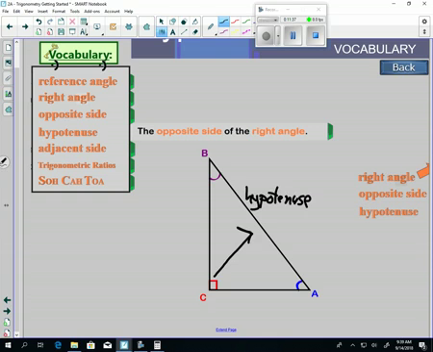It is always the longest side. So if I had measurements there, say this was 3, this was 4, well, this one would have to be 5. It would have to be bigger. I couldn't have this one as 2. That would be wrong, because 2 is smaller than 3 and 4, and the hypotenuse always has to be bigger. Okay?